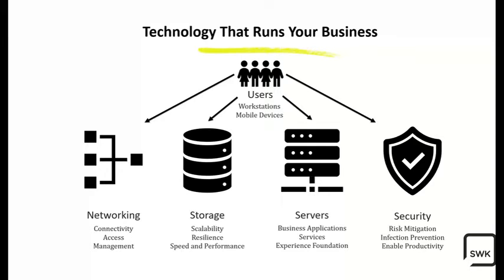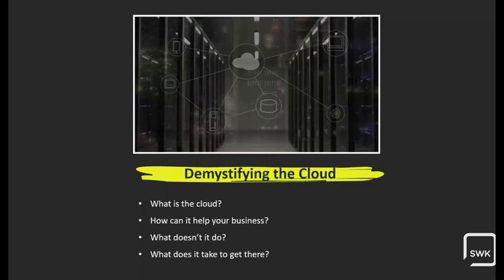And we make sure that we have a high-level picture of what your technology might look like. We also want to dive into understanding the cloud so that we can understand where performance is going in the future. So essentially, we can take all of that infrastructure we just spoke about, move it into someone else's building, such as AWS, SWK, Amazon.